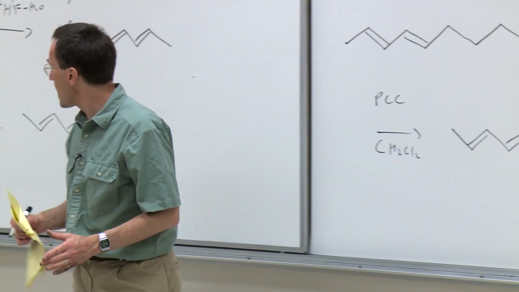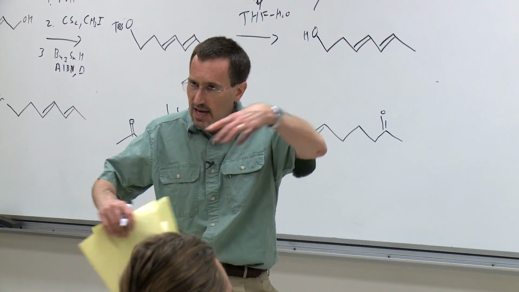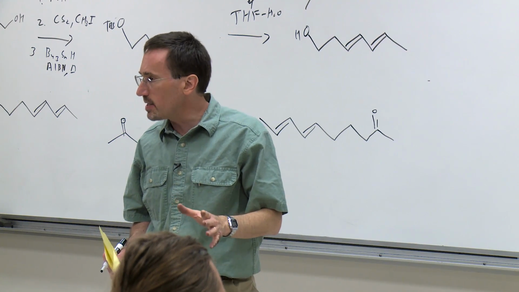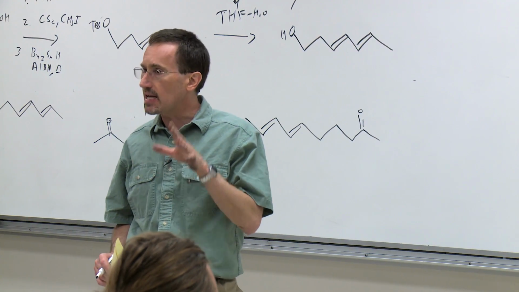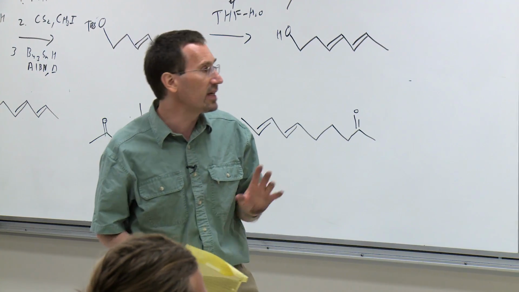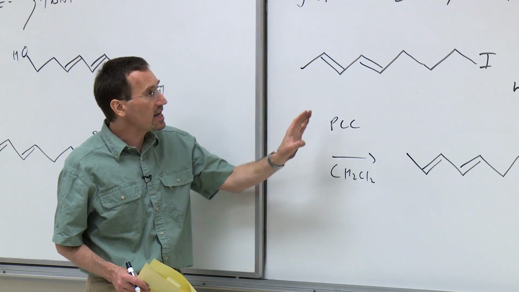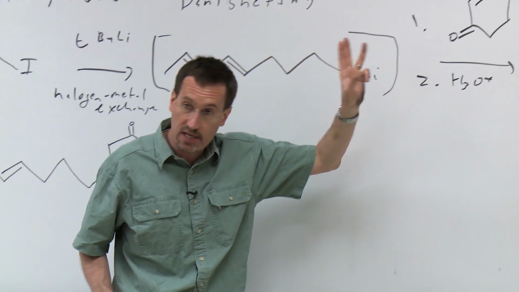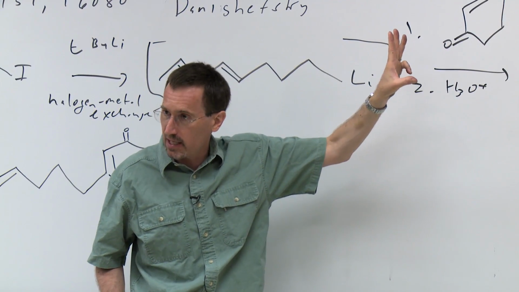So the synthesis I proposed had this sort of stepwise building up of the chain. What's really good in synthetic organic chemistry is to have the fewest number of linear steps. And here we go ahead, we bring two halves together, and you're going to see he's going to do the same thing on the diene synthesis.